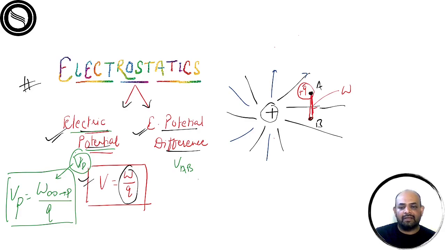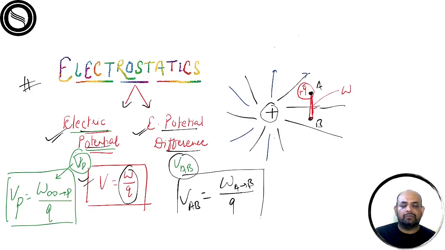This is how we define potential difference. Potential difference is always about 2 points, and here it is the work done in bringing a unit charge from point A to B. Unit charge means we have to divide by Q. So this is the only difference between potential and potential difference. First difference, potential is always about 1 point.